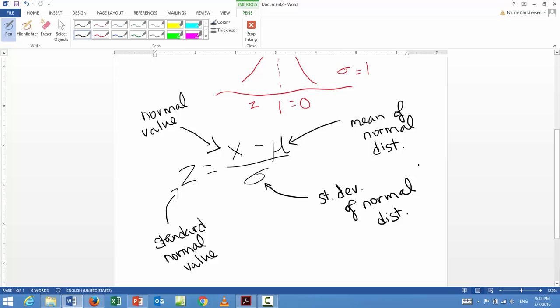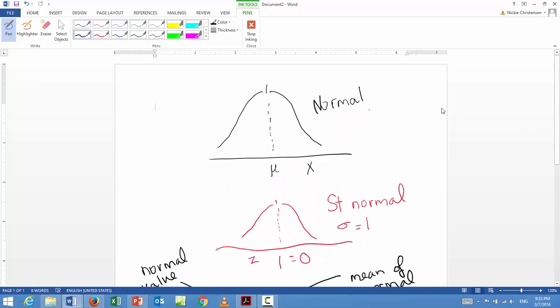So this is what we're going to use. We're going to use this formula to take real world values and standardize them so that we can make predictions about the probability of values being greater than or less than, or in a little bit we could have an x1 and an x2, and we will make predictions by standardizing them about the probability of finding values between.